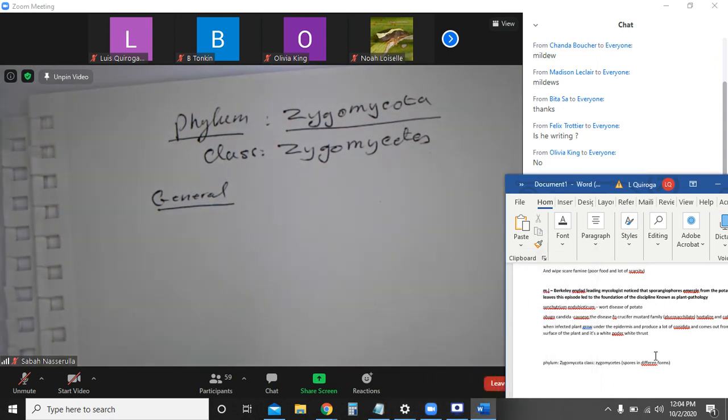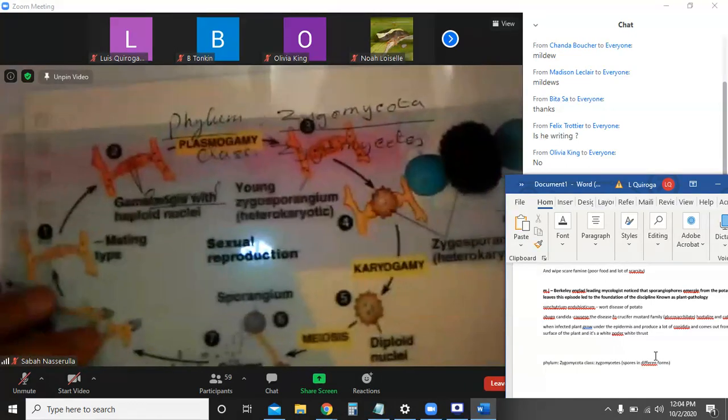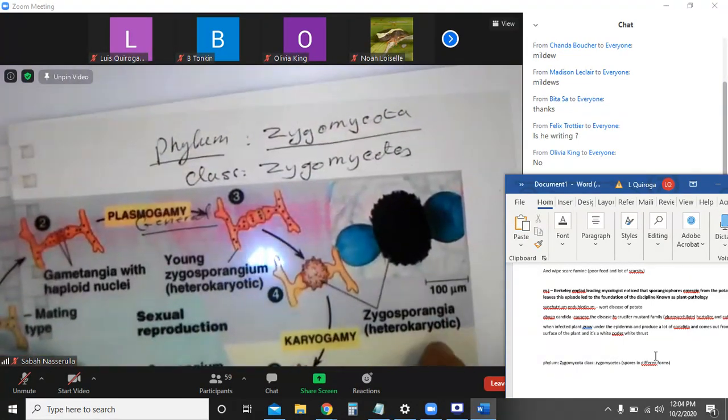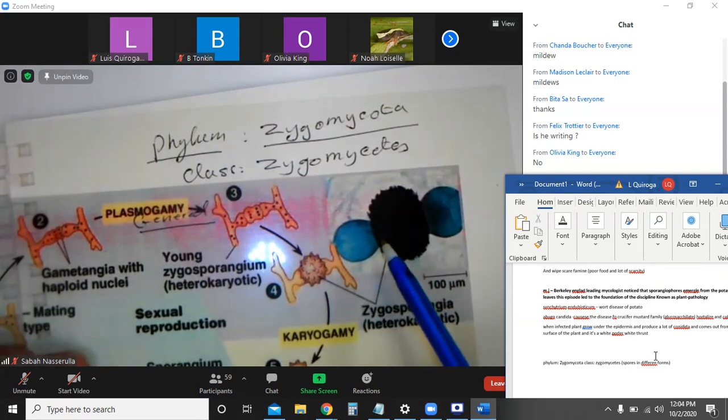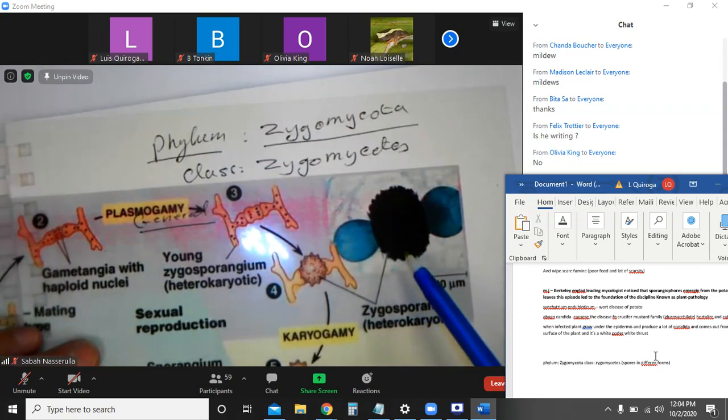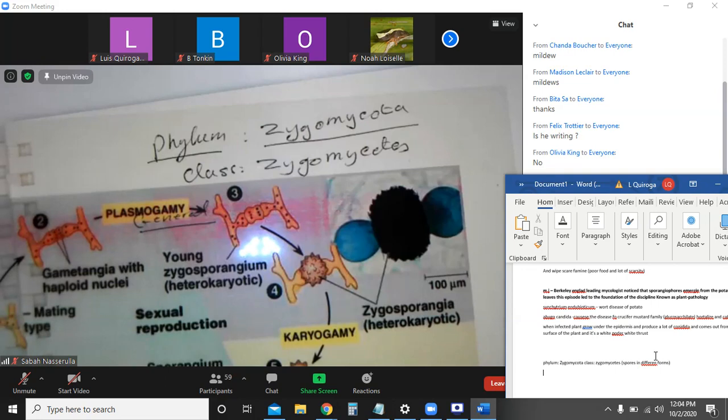One of their characteristics is that when they do their sexual reproduction, they mostly produce a thick structure called a zygospore. So all this group of fungi produce this zygospore, and that's why we put them under the same group, zygomycetes. Other characteristics we're going to mention later.